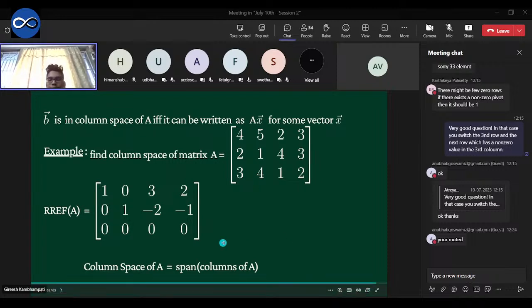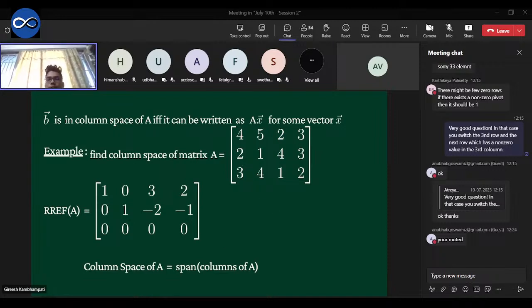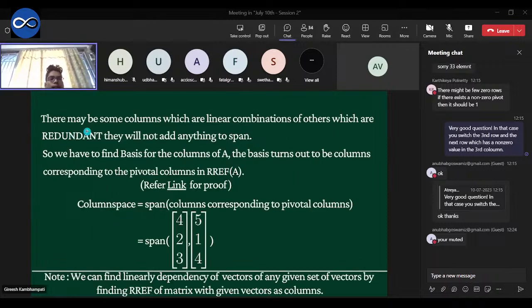That way, if a column is linearly dependent on the previous columns, for example, if the third column is a linear combination of the first column and second column, like C1 plus C2, then that will not add anything to the span. So the span of columns of A is equal to the span of linearly independent columns of A. I mean, the columns which can be written as linear combinations of others can be removed.